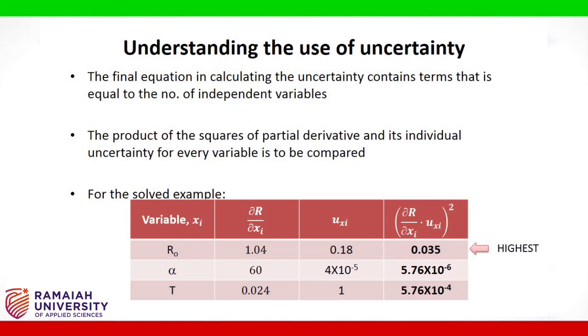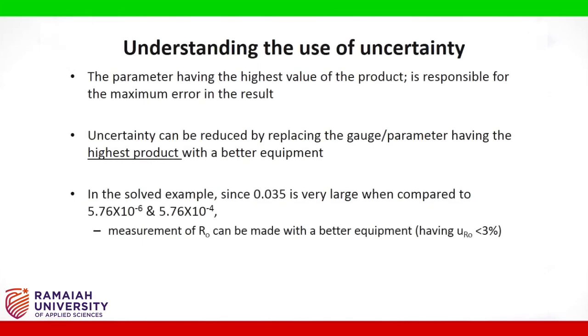We can observe that with the value of 0.035, the square of the product is highest for R naught. In spite of the high partial derivative value with respect to alpha, the square of its product with uncertainty yielded a very low value. The parameter having the highest value of the product will be responsible for the maximum error in the result.